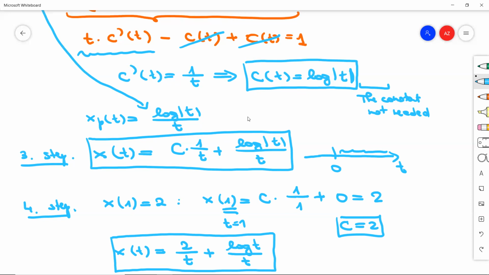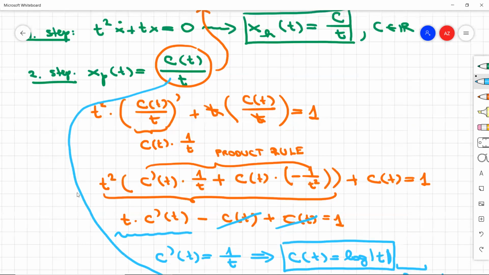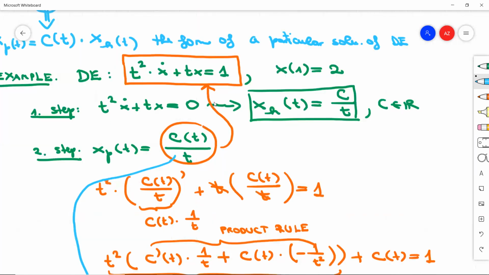Okay, is there any question regarding this derivation? Yes, what was our homogeneous part? It was this one. Yes, because below you wrote only c times 1 over t.